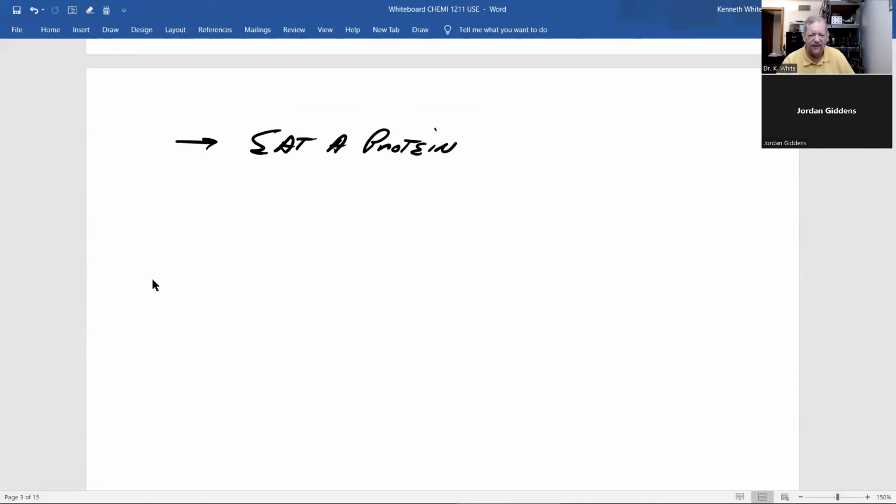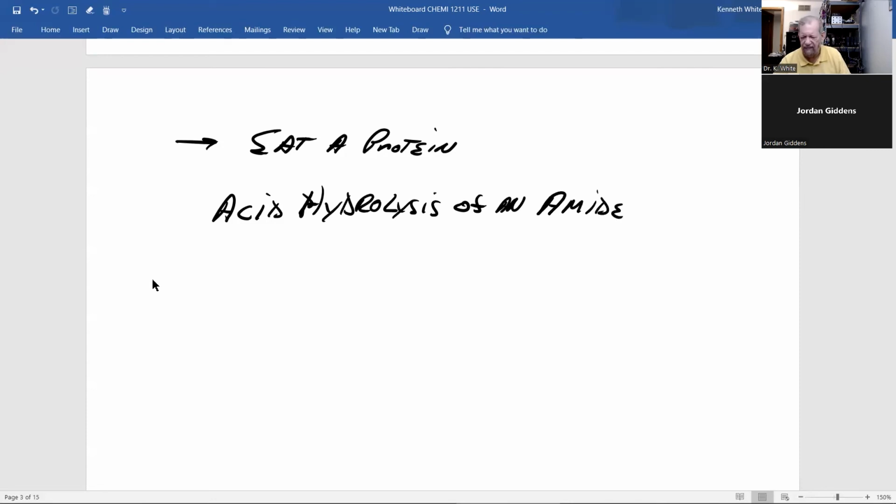And here, again, it's acid hydrolysis of, and what's the key functional group that keeps amino acids together in a protein? An amide. And here, how do you describe it with words? Acid hydrolysis of an amide.